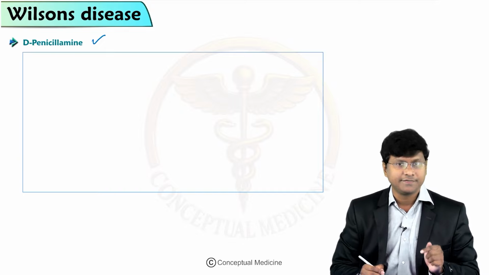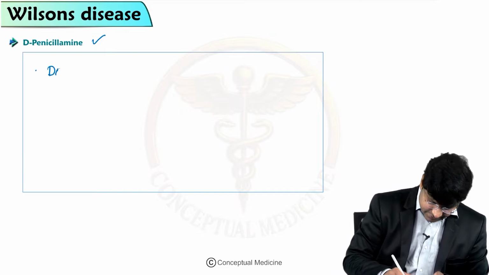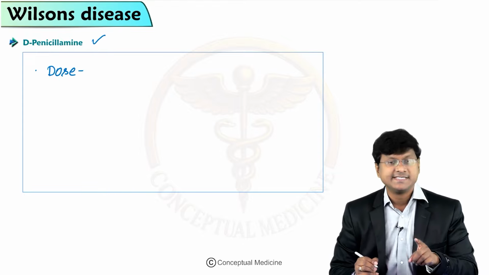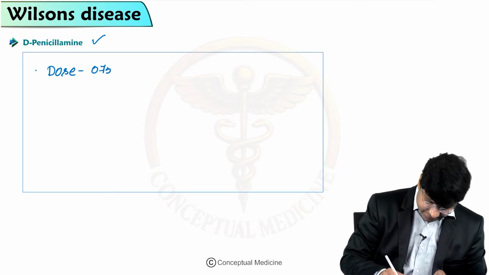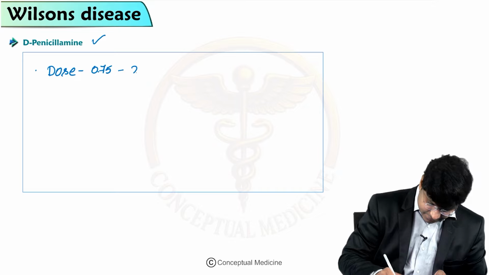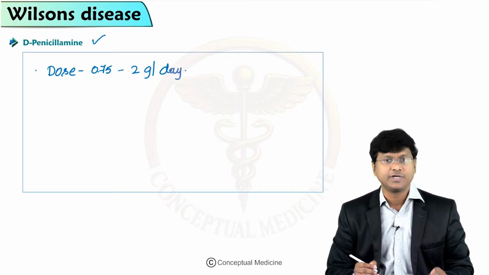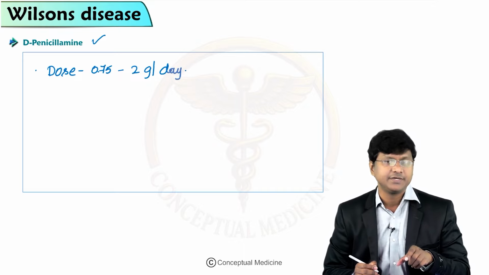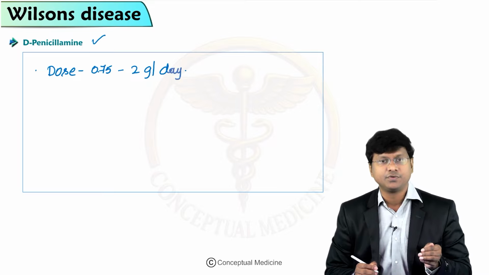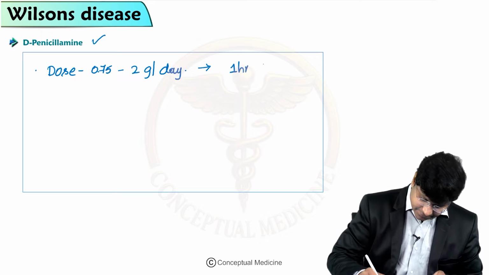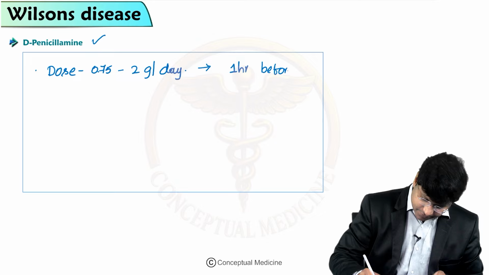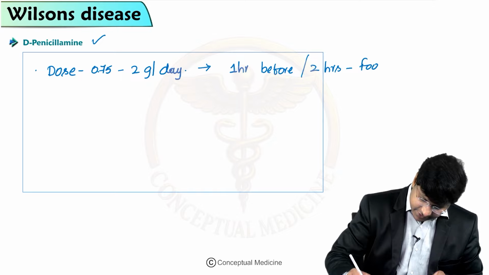If you see the dosage of D-penicillamine, the dose is 0.75 to 2 grams per day, and this has to be given in divided doses, taken 1 hour before or 2 hours after food.